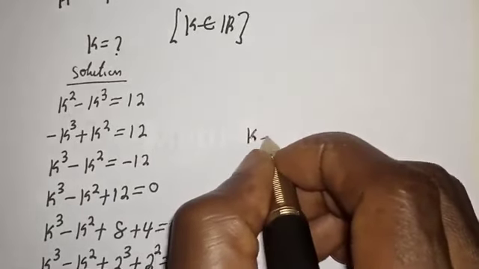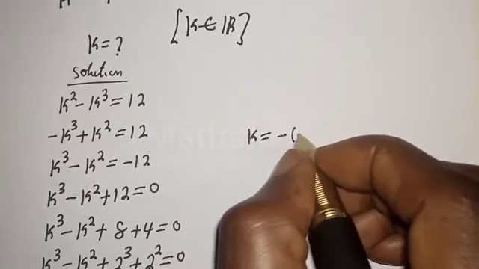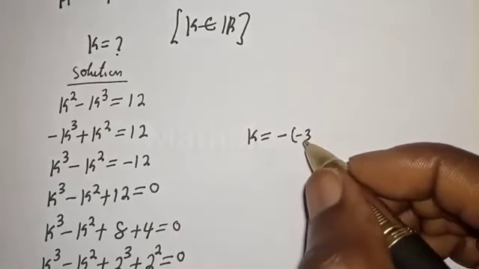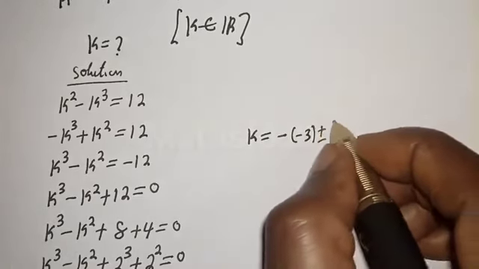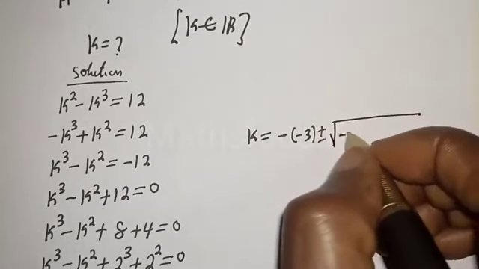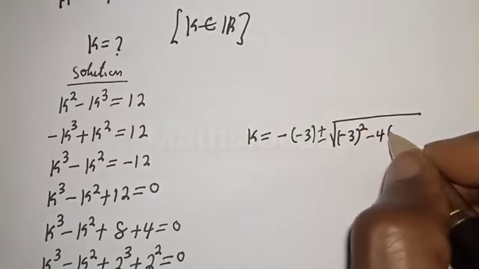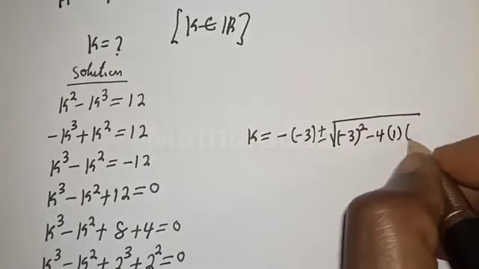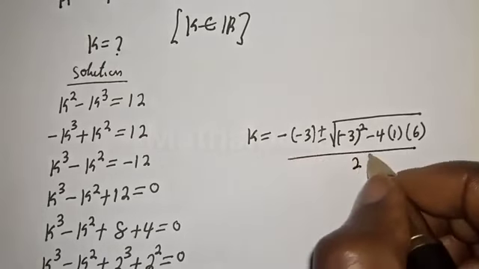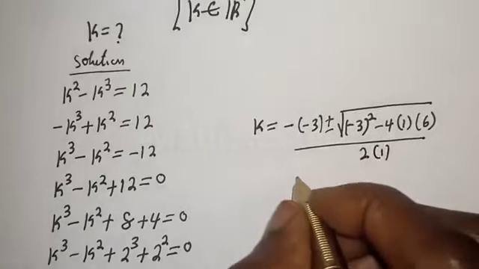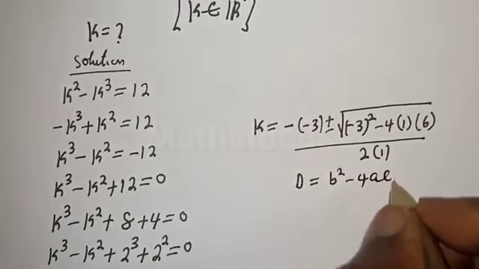Therefore, k is equal to minus bracket minus 3 plus or minus square root of minus 3 squared minus 4 multiplied by 1 multiplied by 6, over 2 multiplied by 1. The discriminant is equal to b squared minus 4ac.